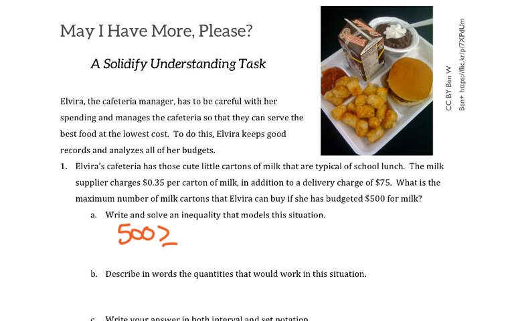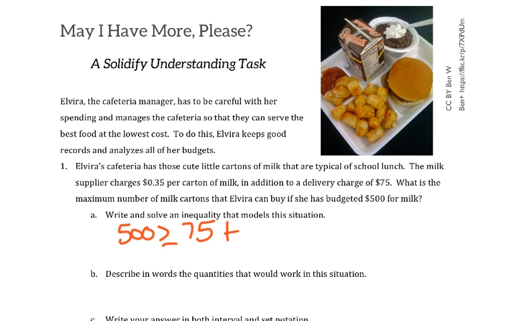Okay. So now we've got 35 cents per carton of milk and $75. Well, the delivery charge of $75 isn't going to change based on the number of cartons. That's always going to be the same. That's our constant. So we know we have to pay $75 no matter what.